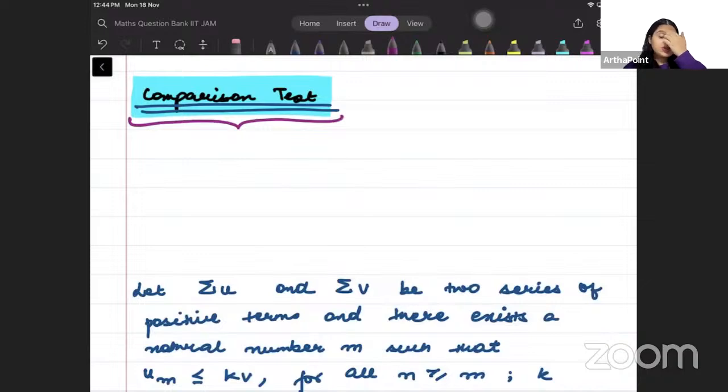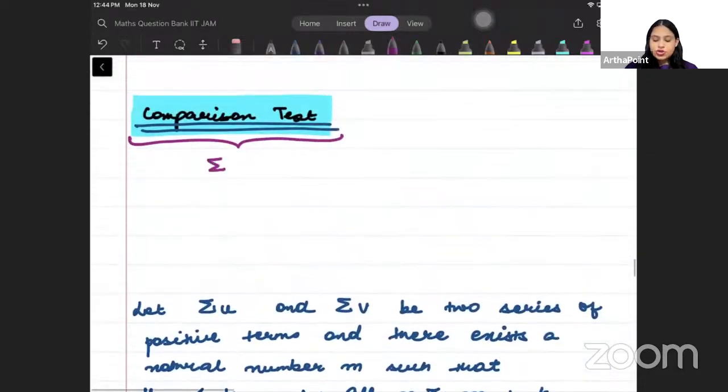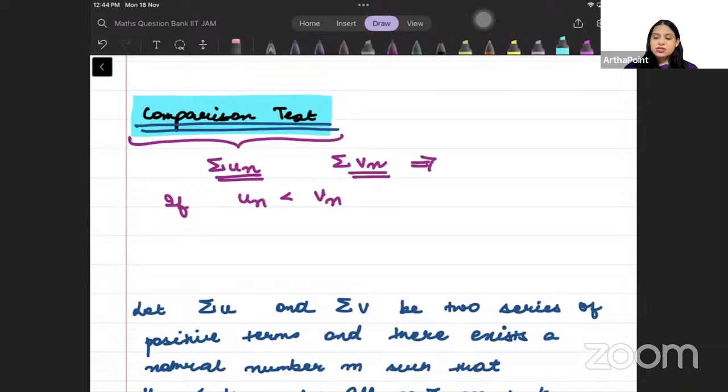What do we do in the comparison test? We take two series. One series can be called summation Un and the other series can be called summation Vn. If the Un term is less than the Vn term, this is the bigger series, its nth term is bigger than the nth term of the other series.